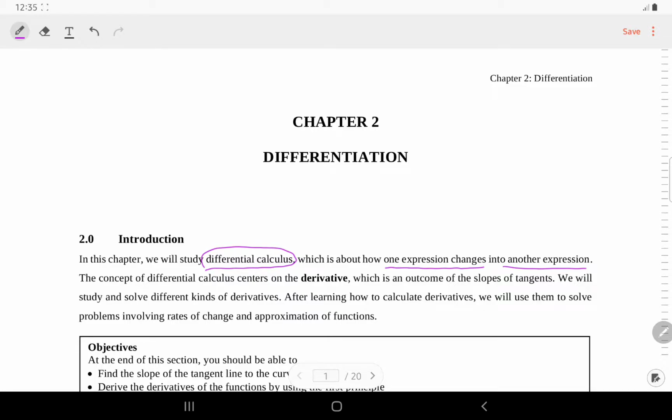Actually, the concept of differentiation in calculus comes from the idea of the slope of the tangent.